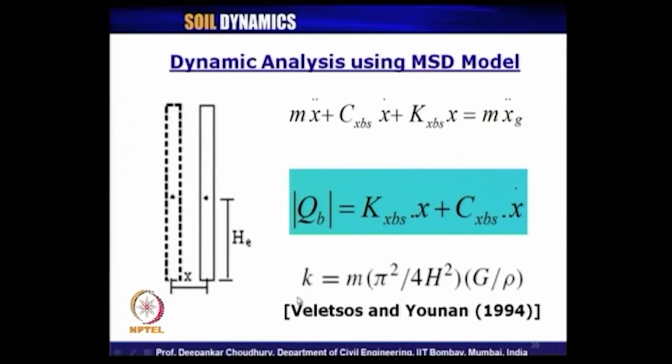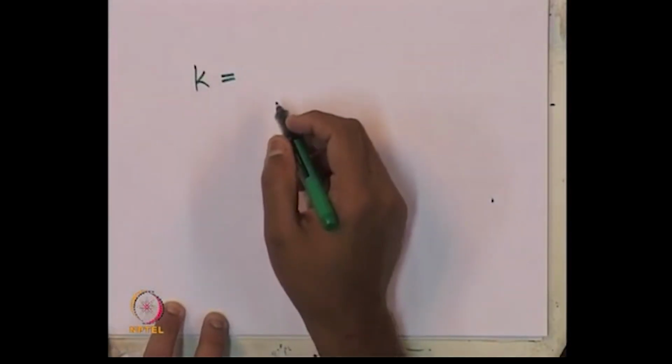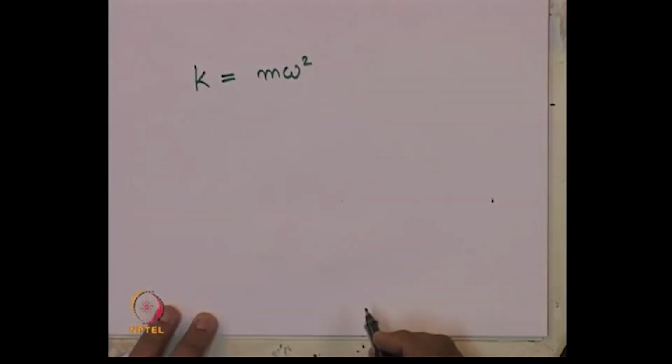And how to compute this stiffness? The expression to compute the stiffness is given here, which is given in Veletsas and Unan and used by Chaudhary and Chatterjee also. Where from this expression has come? If we remember the value, how we got this expression for k, the k is nothing but m omega square. Am I right?